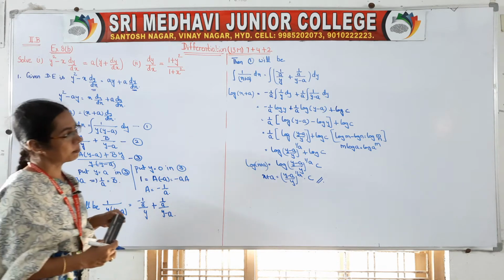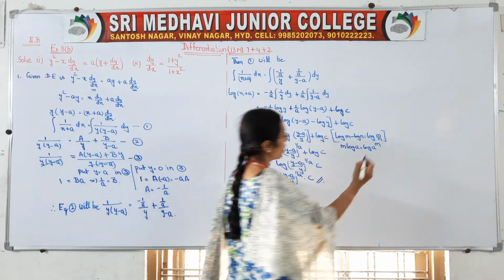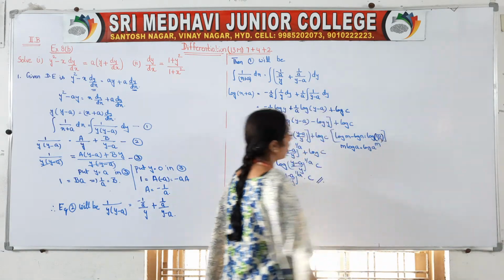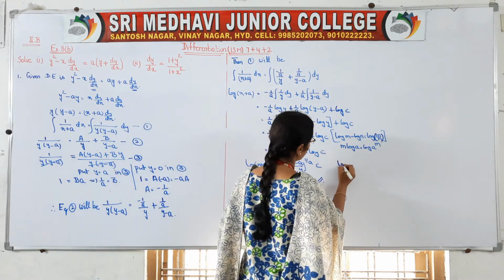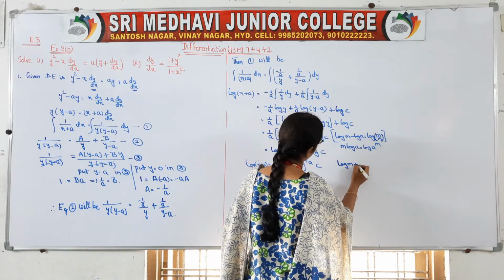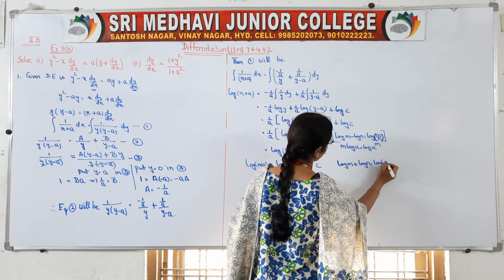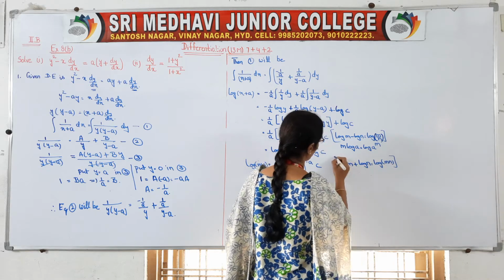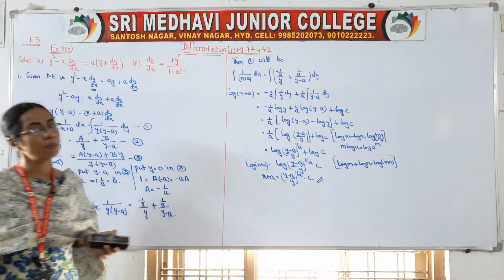Log m minus log n is log m by n, and m log a can be taken as log a to the power of m. After that, again we took log m plus log n is equal to log of m into n. These three logarithmic formulas were used in this problem.